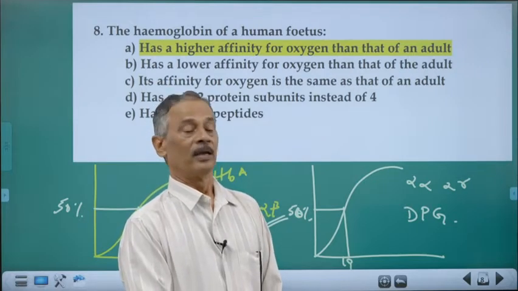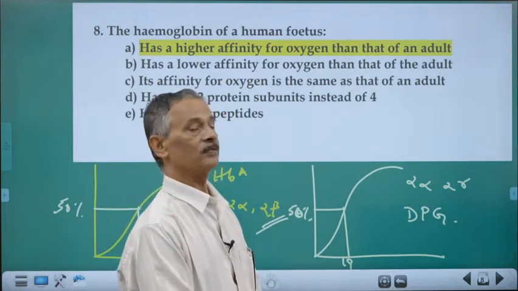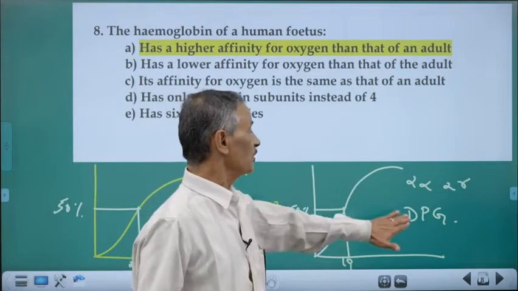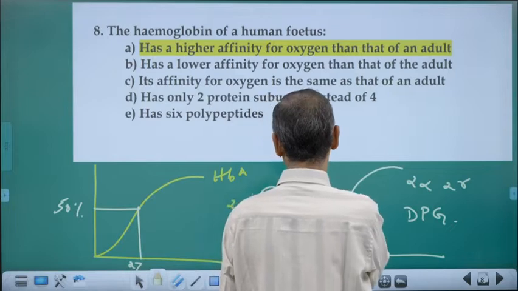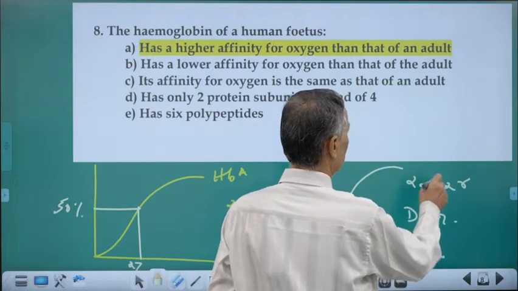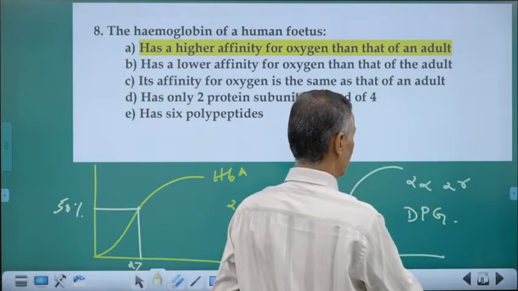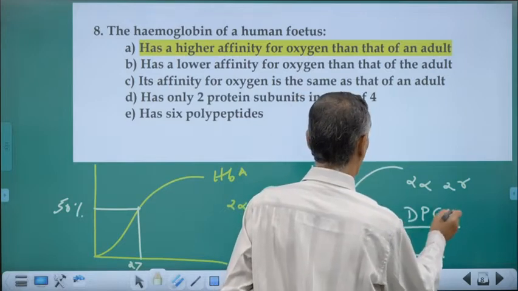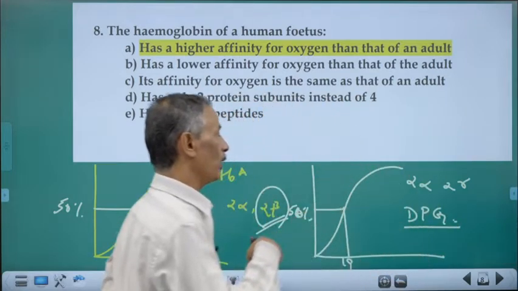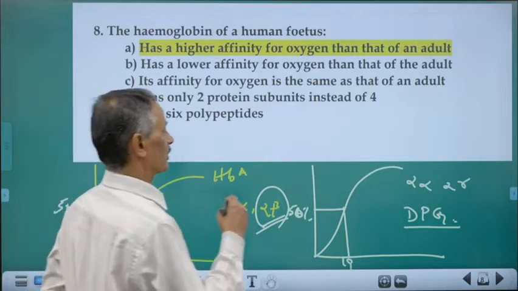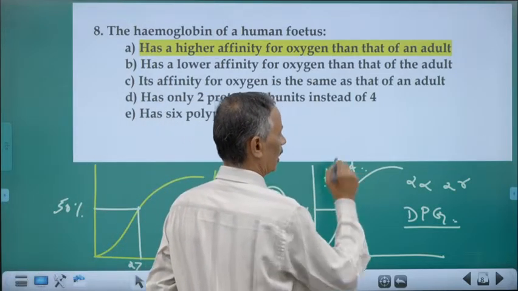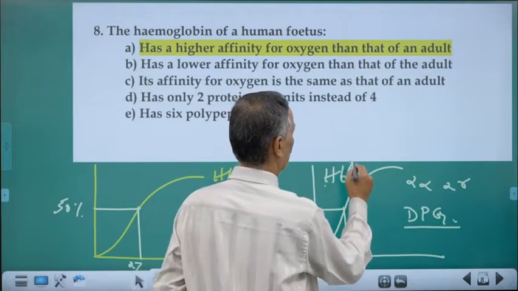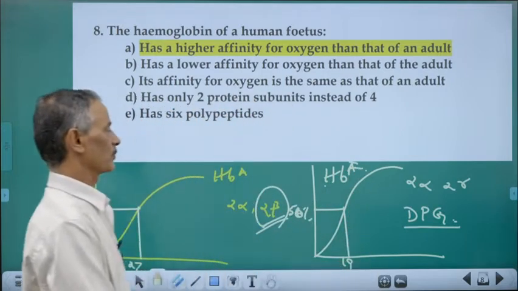Okay, 1,2-diphosphoglycerate, and this DPG has its affinity or reaction with the beta chain, and since there is no beta chain, this DPG will have no action with the hemoglobin of fetus, HbF.